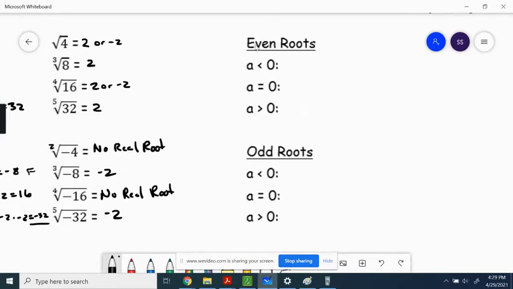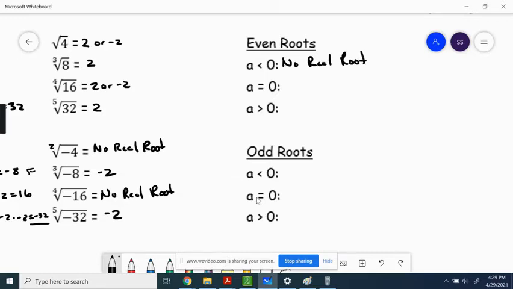Okay, so with even roots, if the a value, the value under the radical, is less than 0, like with the square root of negative 4 or the fourth root of negative 16, there's going to be no real root.